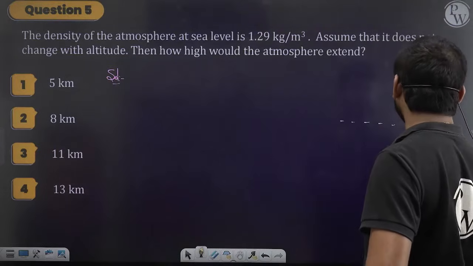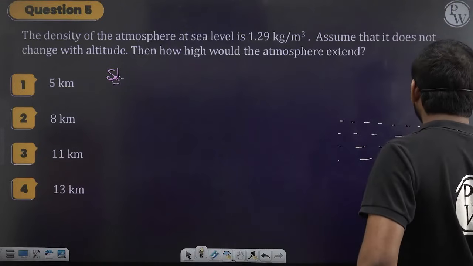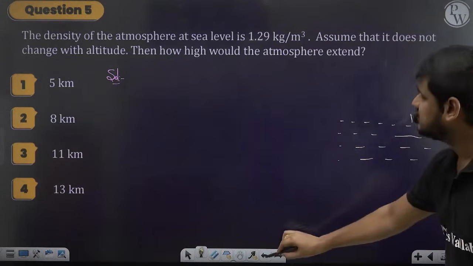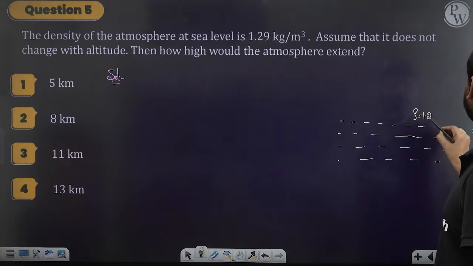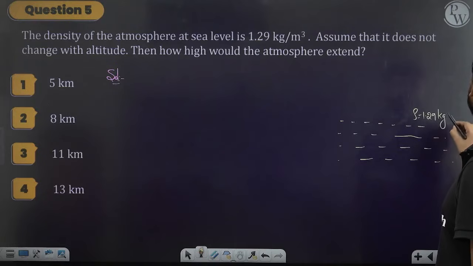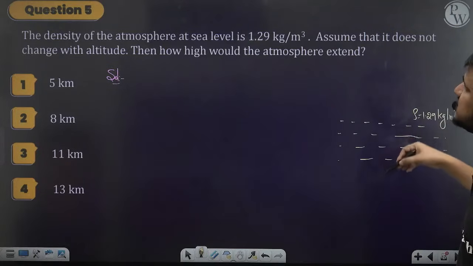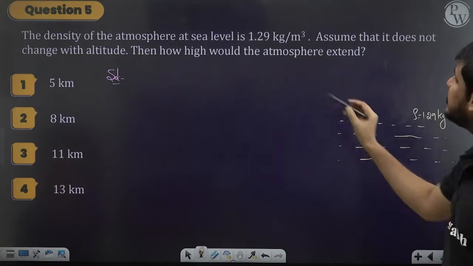The density of the atmosphere at the sea level. Let's suppose this is the sea. At the sea level, the density of the atmosphere here is 1.29 kg per meter cube. Assume that it does not change with the altitude. So then how high would the atmosphere extend?